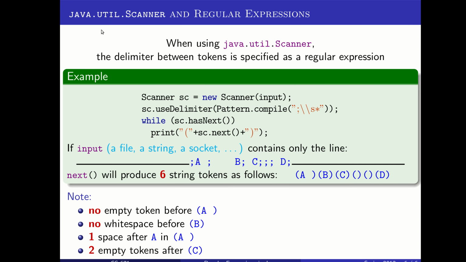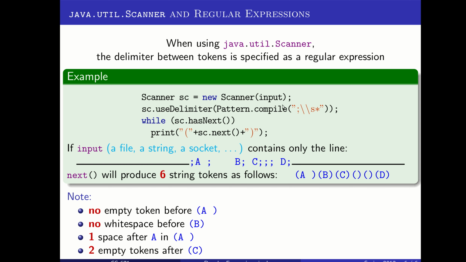We also implicitly use regular expressions when we use a scanner in Java. The scanner has a delimiter that you can define, and that delimiter by default is set to white space. But you can change the delimiter, and when you do that, you can use a regular expression as your delimiter and indicate what you would like to split on.